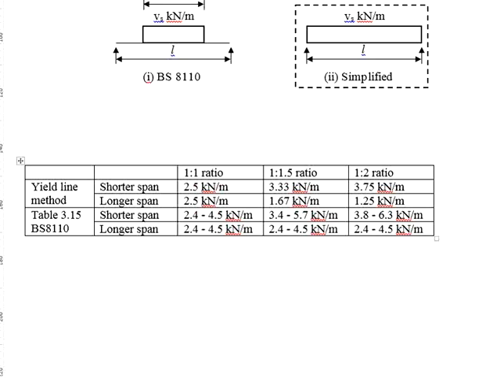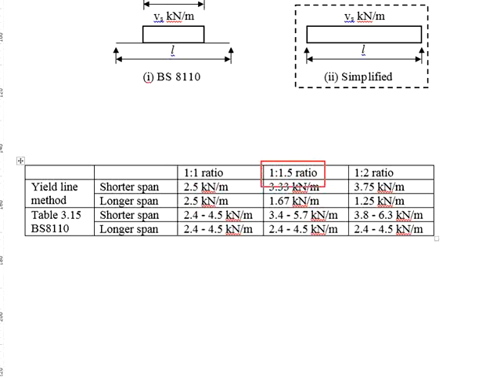The estimations are close. Let's say for 1:1 ratio, the U-line method estimated 2.5 kN per meter, whereas the British Standard gives a range of 2.4 to 4.5 kN per meter.